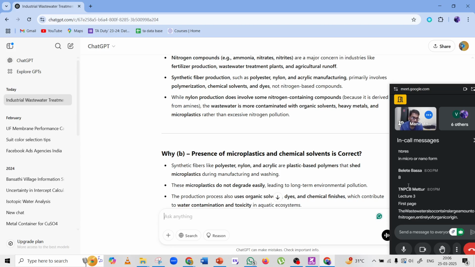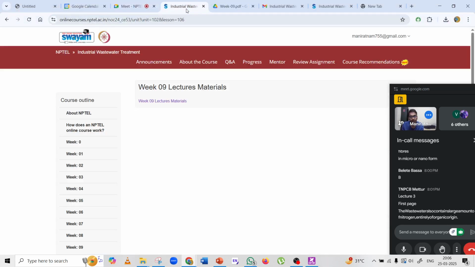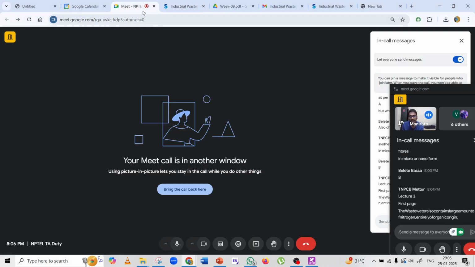So I will be more focusing on this, because if you compare two industries, the fertilizer industry and this synthetic industry, both of them will contain nitrogen. Now which is giving more nitrogen problem? Are you getting what I am saying?